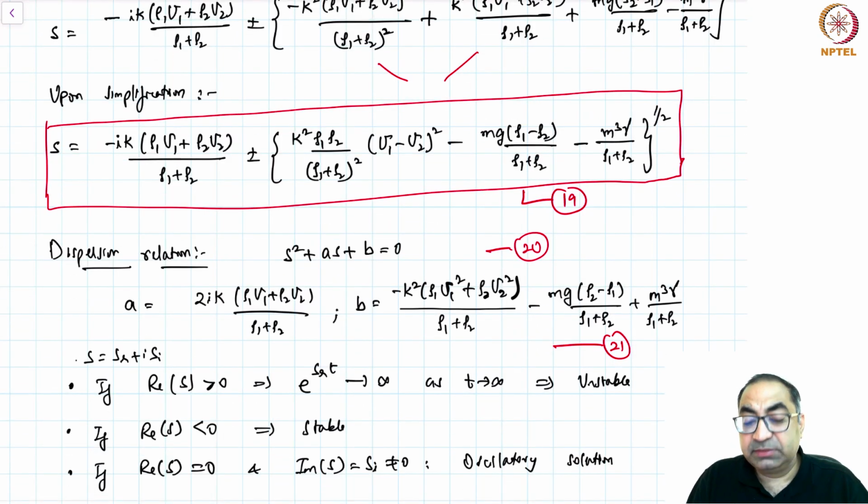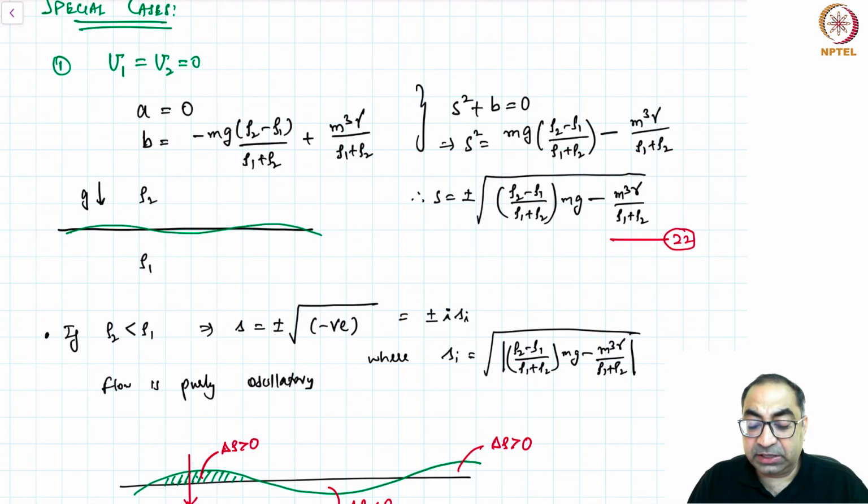That exact solution is equation 19. But as you can see, equation 19 is too cumbersome. It's difficult to extract necessary insights, where we can highlight the role of each and every force, each and every term in the problem.